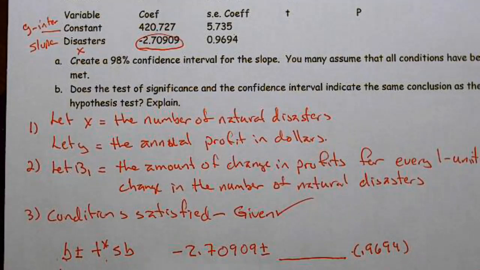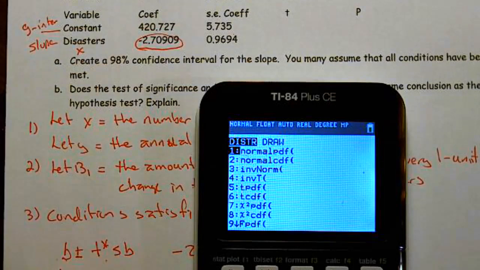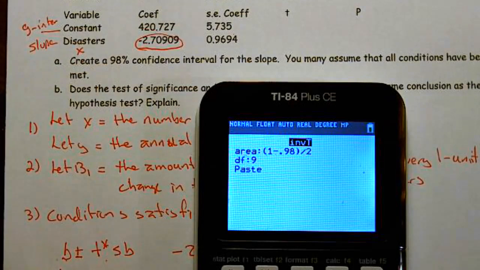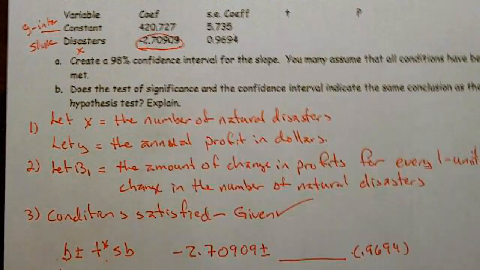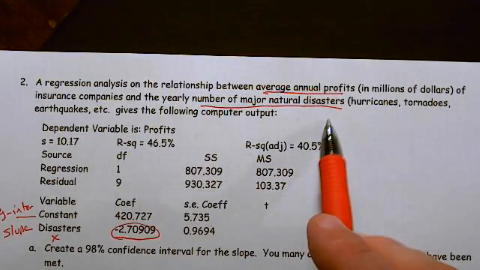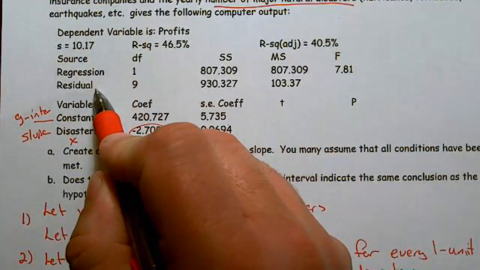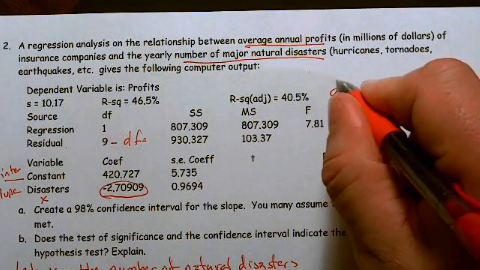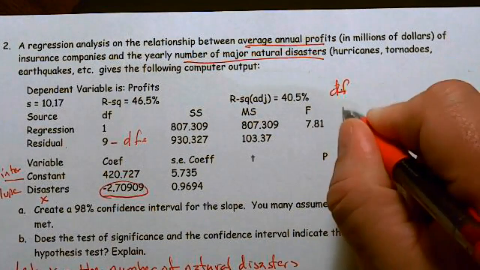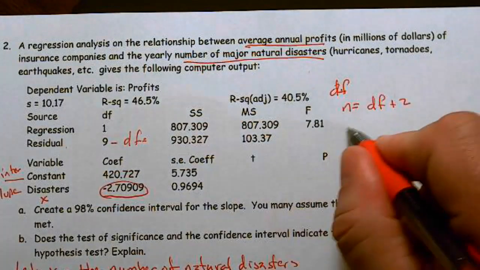And T star, remember, is going to be inverse T. So second vars, inverse T, parenthesis 1 minus 0.98 divided by 2. And if you notice, when you read the scenario, they did not give us a sample size. But I know my degrees of freedom are given by this residual. So this gives me my degrees of freedom. And if they'd asked me for my sample size, which I think would be a fair question on multiple choice, N equals degrees of freedom plus 2. So N equals 9 plus 2.